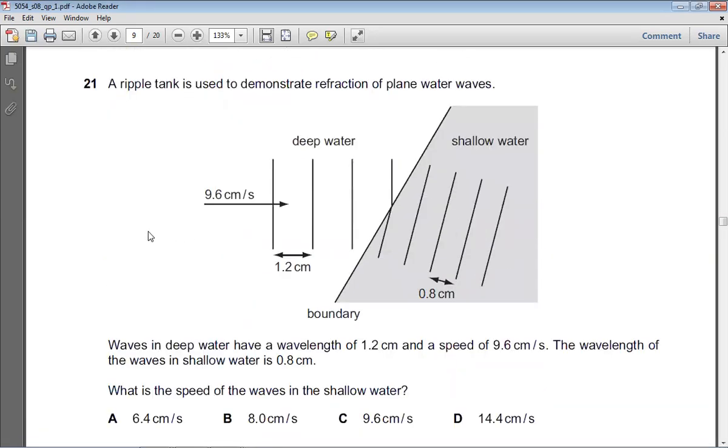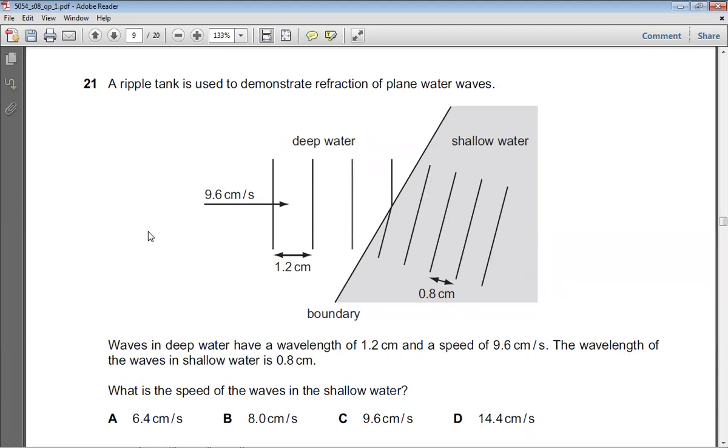A ripple tank is used to demonstrate refraction of plane water waves. Waves in deep water have a wavelength of 1.2 centimeter and a speed of 9.6 centimeter per second. The wavelength of the waves in shallow water is 0.8 centimeter.